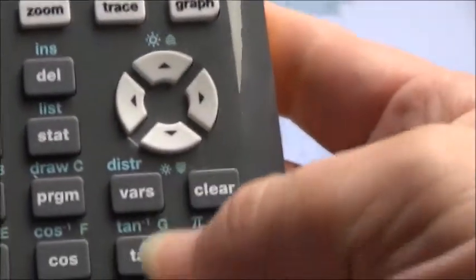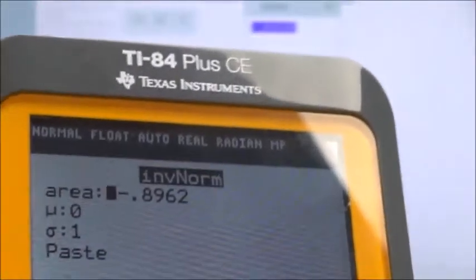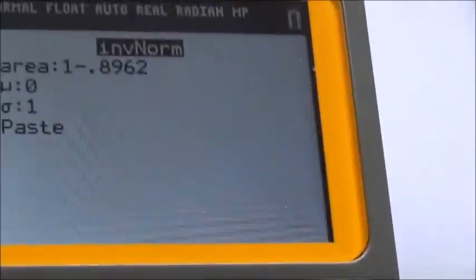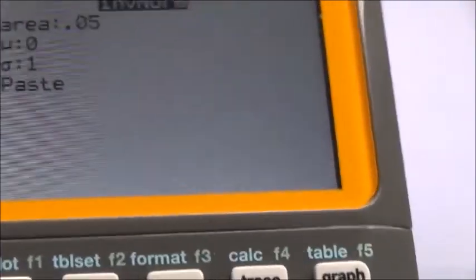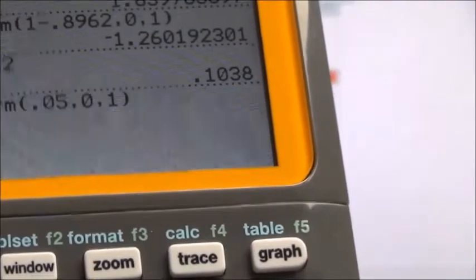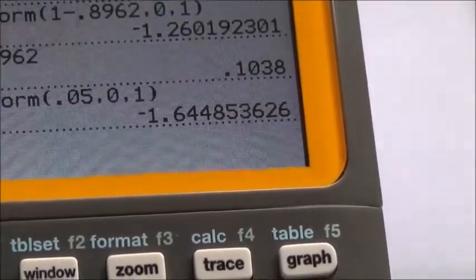So again, I am going to do the second function button and then the vars. And I'm going to do number 3. And so the area to the left of 0.05 is going to give me negative 1.64. Negative 1.64.